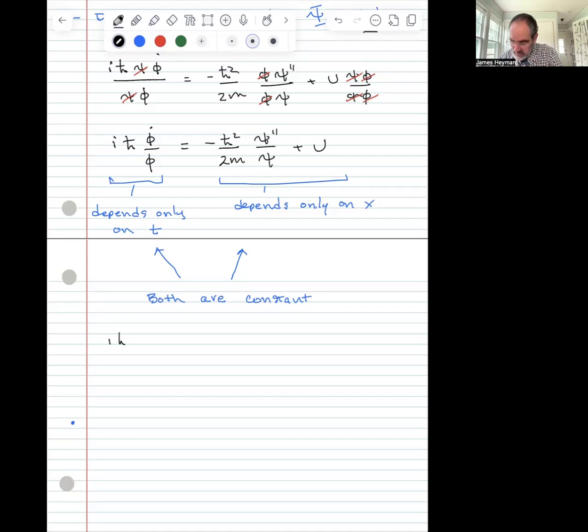We could write this as i h bar phi dot over phi is equal to E, and minus h bar squared over 2m psi double prime divided by psi plus U is also equal to E. Notice we've introduced a new term here, E, which is just what's called the separation constant.